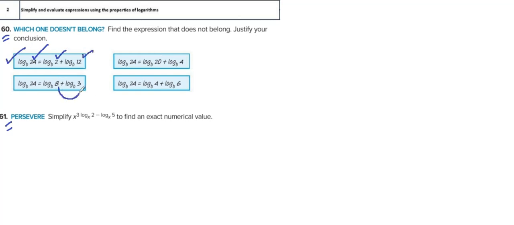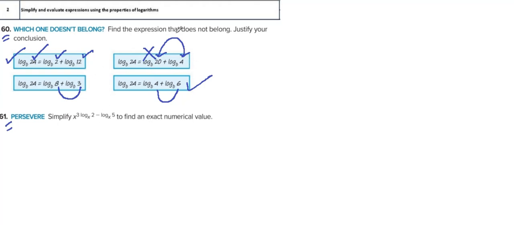Then 8 into 3 is also 24, because we can write log 8 into 3, because 8 into 3 is 24, and multiplication is separated by addition. This one is also correct because 4 times 6 is 24. But this option is wrong because 20 multiplied by 4 is 80, not 24. They are using the product rule here. So this is wrong, so this is your answer.